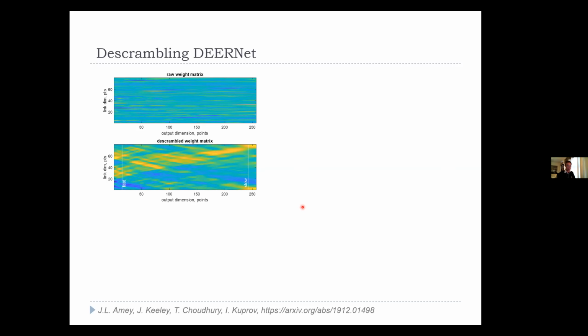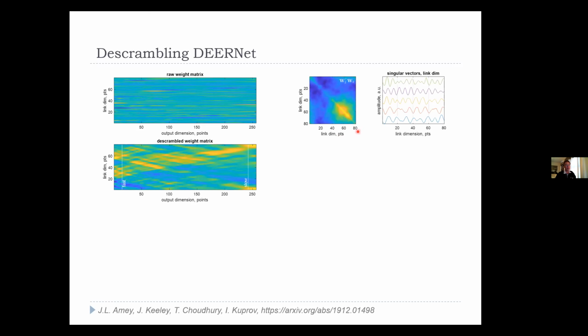You guys know that perfectly because your software uses that to an extent. Now, this matrix turns out to be left orthogonal and right orthogonal. If you multiply its transpose by itself, you get something that's approximately diagonal. And if you multiply it the other way around, it's also approximately diagonal.